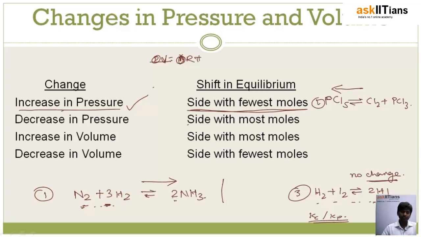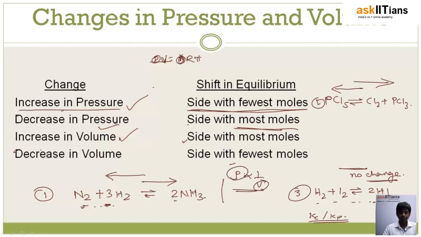Now decrease in pressure, can I say it will just be opposite to increase in pressure? So a decrease in pressure will be this, it will again be no change, and this will be in this direction with most moles. Now increase in volume, when you increase the volume, the pressure decreases, because at constant temperature P is inversely proportional to V. So volume increases, pressure decreases.